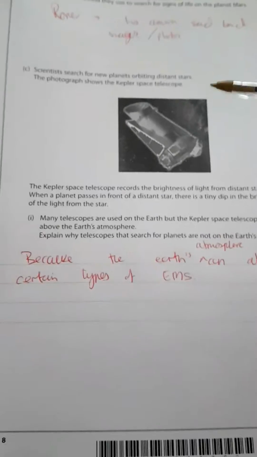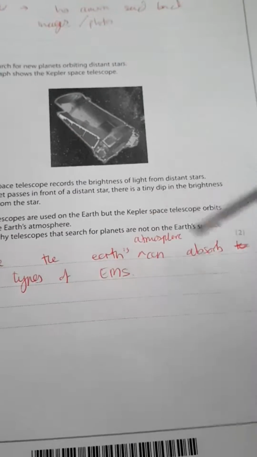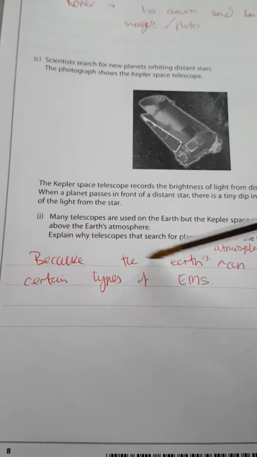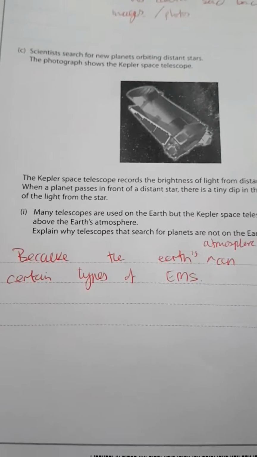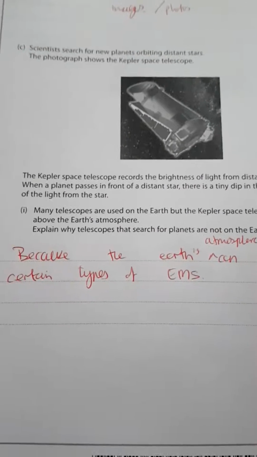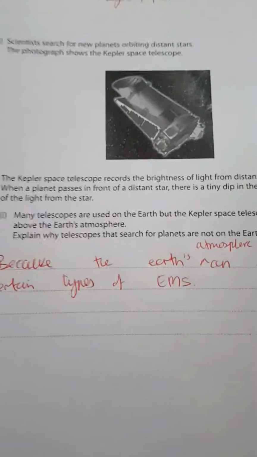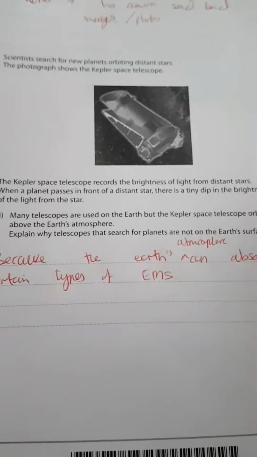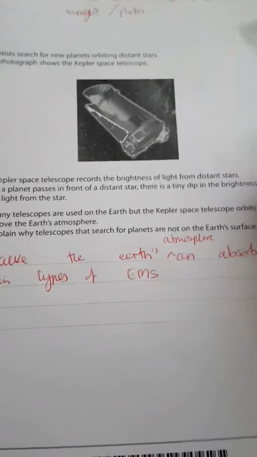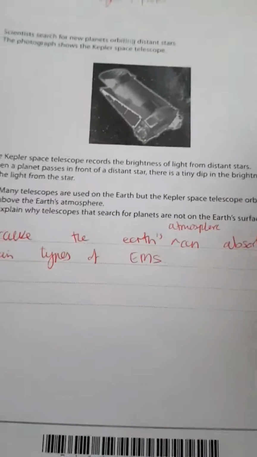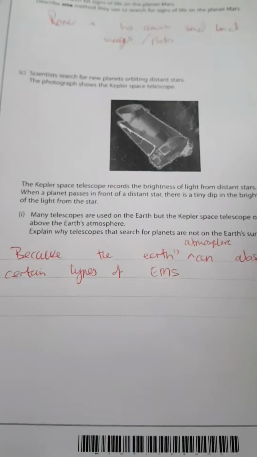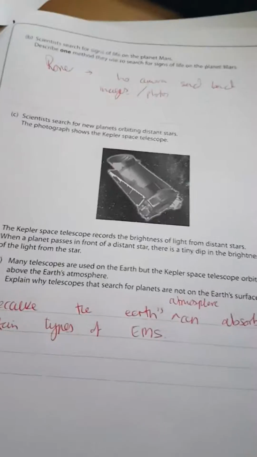So the Earth's atmosphere can absorb certain types of electromagnetic spectrum. So they have it above the Earth's atmosphere so that they can detect clearer images. Also, there might be some cloud blocking, so it's better just to be up in the sky collecting as much information as possible. Right, just really the same questions.